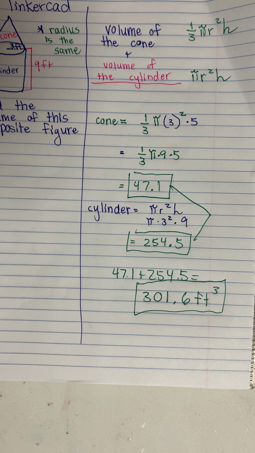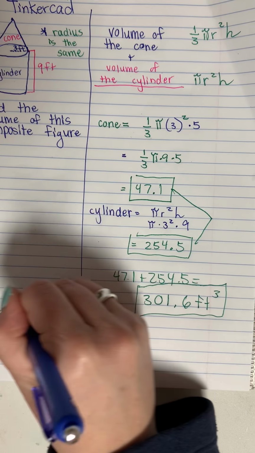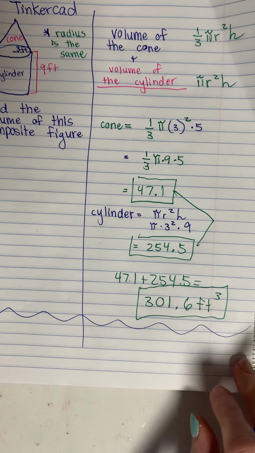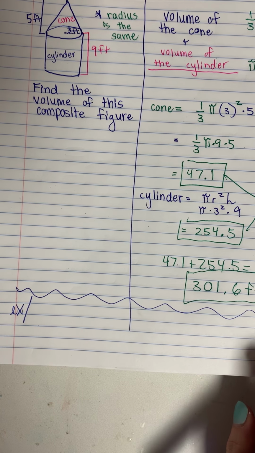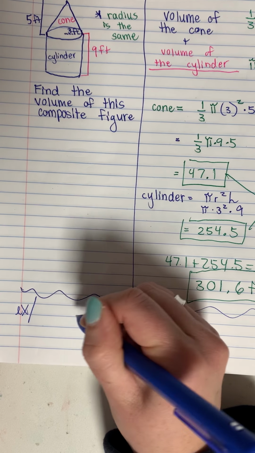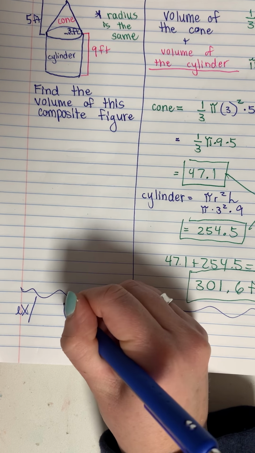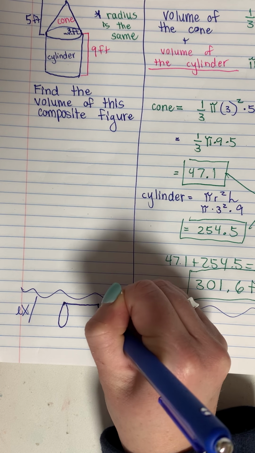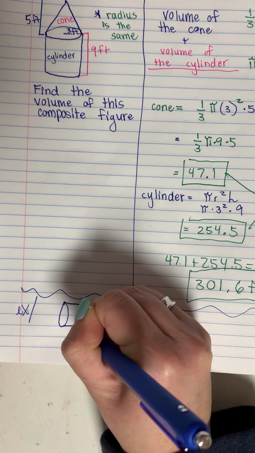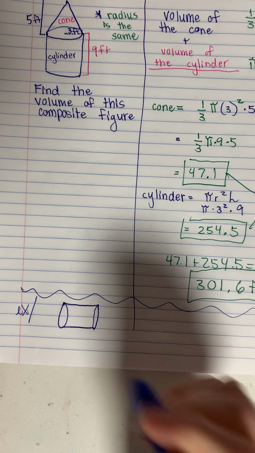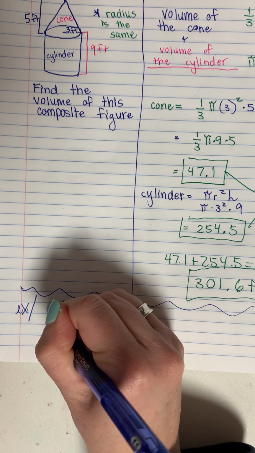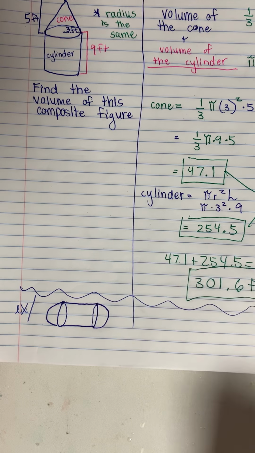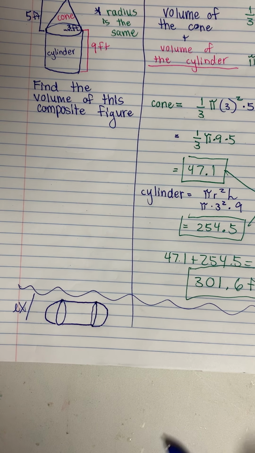Now I'm going to have you guys try one on your own. Let's do a cylinder, and I'm drawing it on its side here with two hemispheres. So one on the side and one on the side. So it's kind of like a capsule.